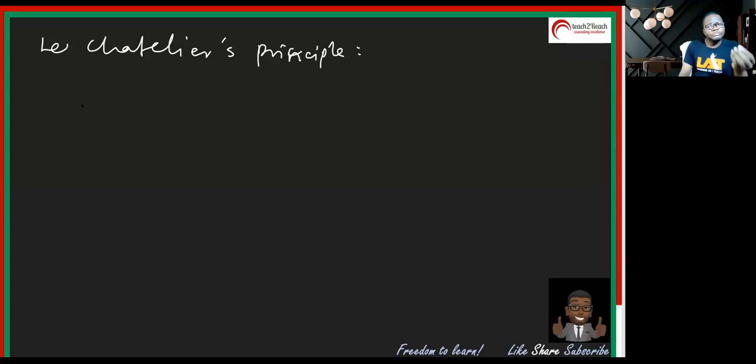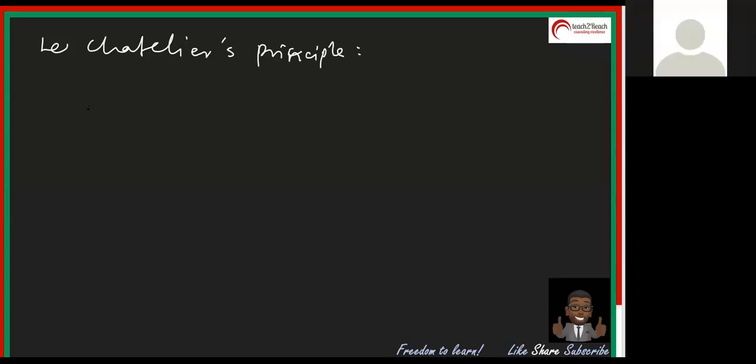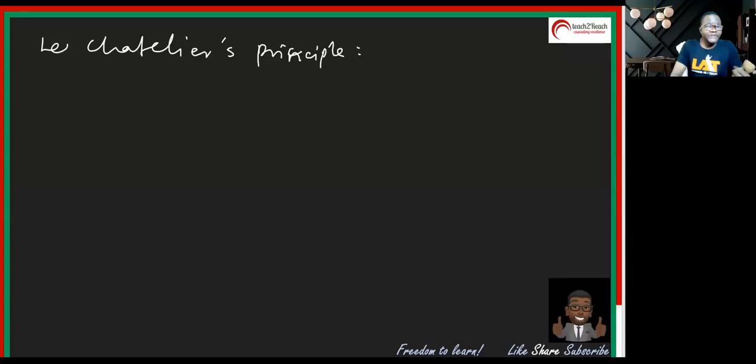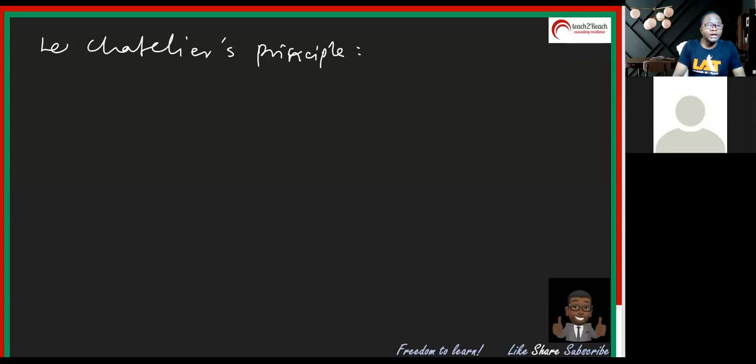It tells us that if there is a change in any of the factors affecting the position of equilibrium, equilibrium will restore itself by cancelling the effect of the change. That's what that law basically is telling us.